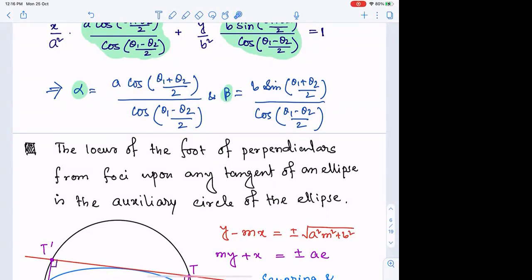So over here, plus or minus gives us the opportunity to consider any tangent of slope m, and plus minus before the a gives us the independence to consider the perpendicular drawn from any of the foci. So we are having a general acceptability by these assumptions, right?